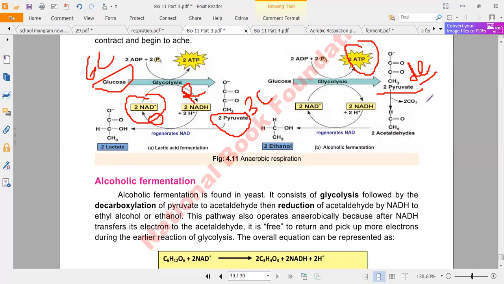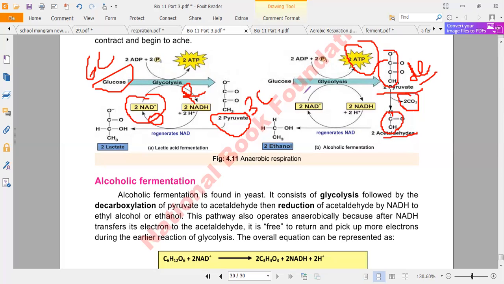By removal of carbon dioxide, this pyruvate is changed into a 2 carbon compound called acetaldehyde. From glucose we get 2 pyruvates, so from 2 pyruvates we get 2 acetaldehyde, and we get 2 carbon dioxide. Here pyruvate is a 3 carbon compound, so by breaking down of pyruvate, we get a 2 carbon compound, acetaldehyde, and 2 more molecules of carbon dioxide which are removed in this reaction.